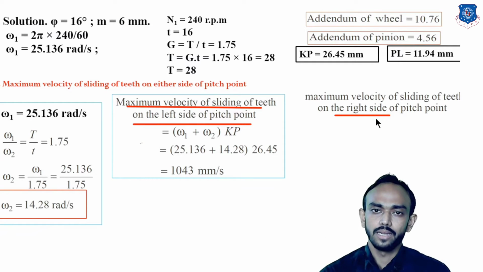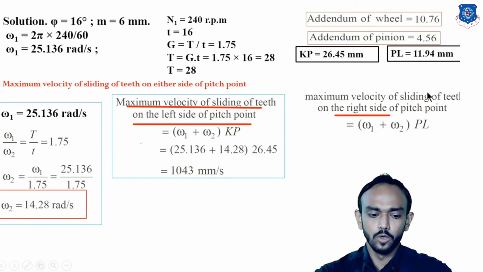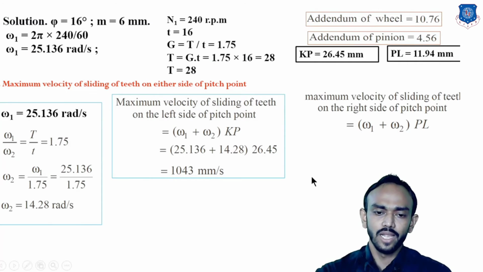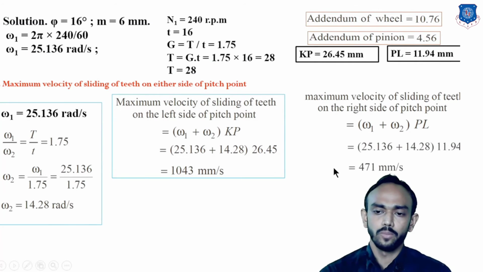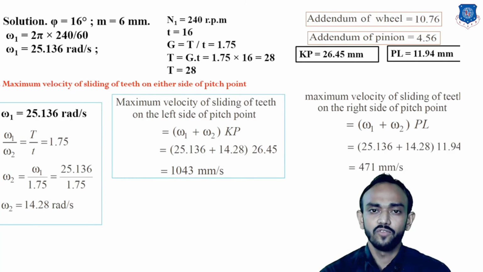So omega 1 plus omega 2 into PL. We have already found the value of PL here. We will put in this value, and omega 1 is 25 and omega 2 is equal to 14.28. So you will put these values and you will find omega 1 plus omega 2 into PL, 471 mm per second. Okay, so that's it. It is the example of interference.